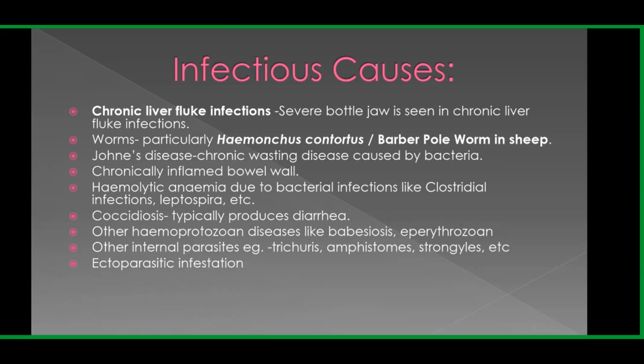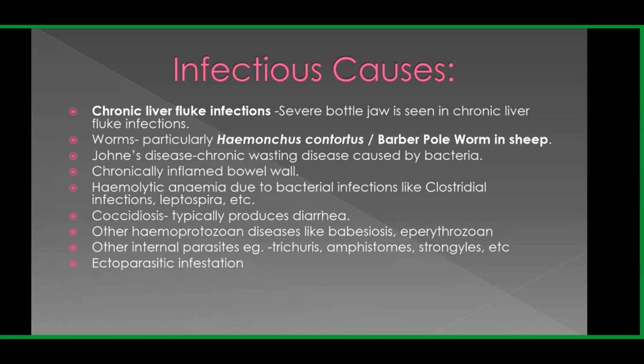And when this is damaged, the Clostridial infection, which is always present inside the body, gets a chance to grow there, because these liver flukes create necrosis, they create an anaerobic condition, and an anaerobic condition is very favorable for Clostridial infection to develop. So these Clostridial infections will develop, and they will lead to hemolytic anemia.